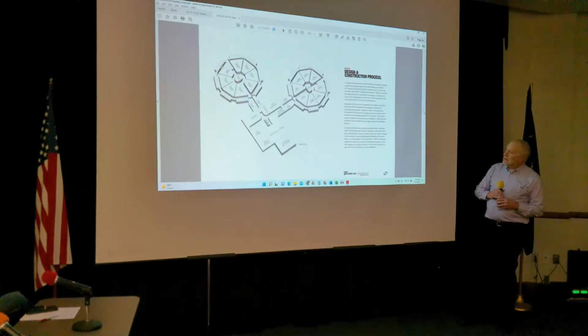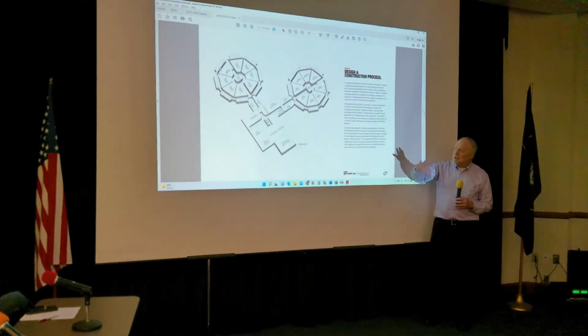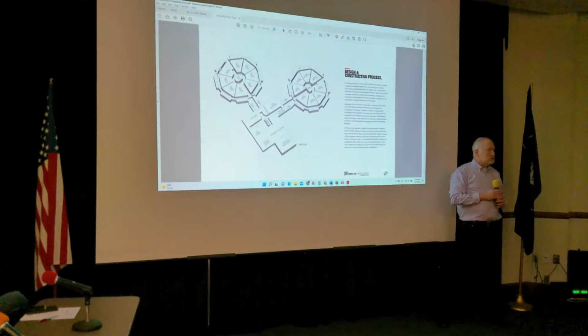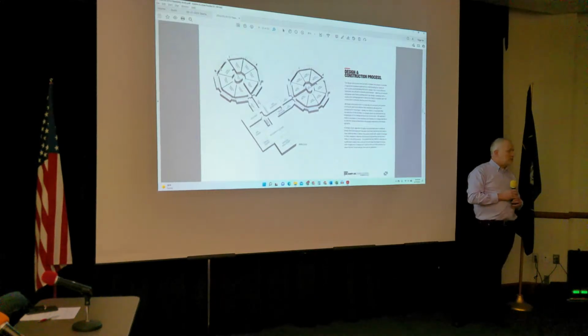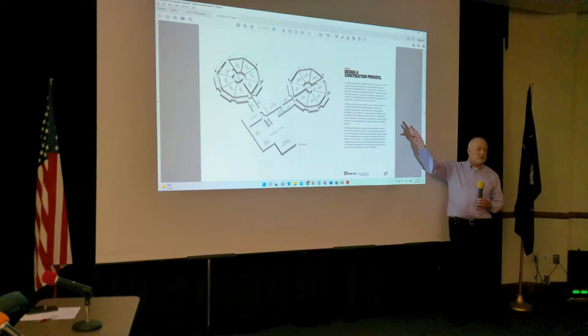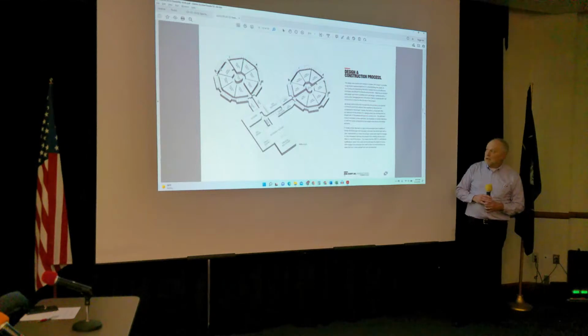So one of the approaches we've taken on this project, this is the two pod configuration that I was discussing earlier, where the first pod is basically the pod for the males, just because the proportion of male inmates is still significantly higher than female inmates. But this approach puts the female inmates in the second pod, so that they're not only visually separate, but they're physically completely in another jail pod.